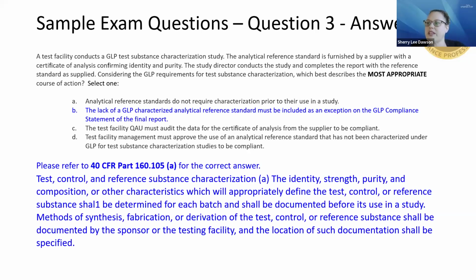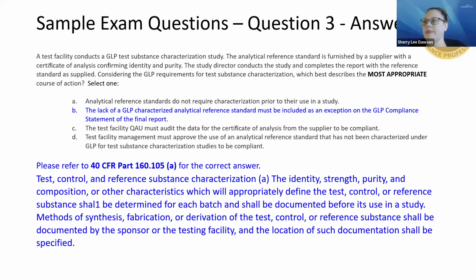It does match 58.105, with the exception, I think, of reference substance, because FDA, let me get my little handy regs out. Yes, in FDA, your 58.105 is just test and control article. So there is no reference standard, but the overall content of everything else is the exact same thing.